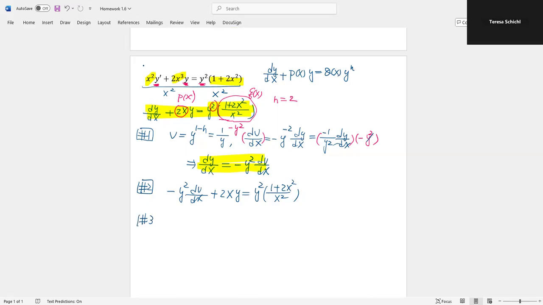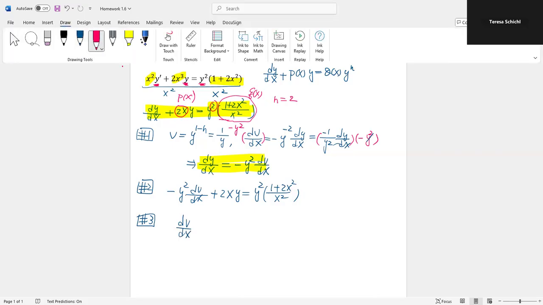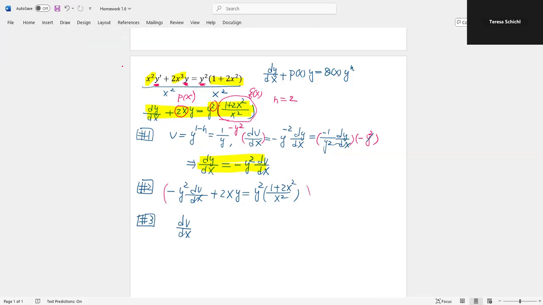So what I need to do is divide by negative y squared in the front, so I just have dv/dx. That means I need to multiply negative 1 over y squared on both sides.